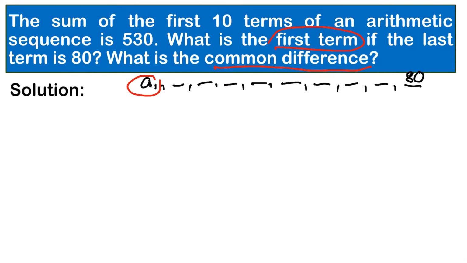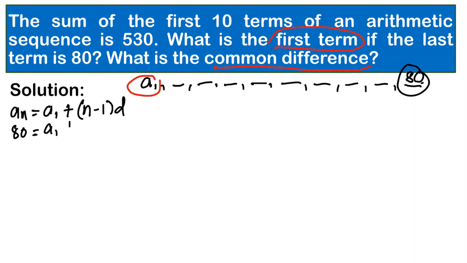If we're going to use this as our last term, or the 10th element, then we can solve for a sub 1 using the formula a sub n equals a sub 1 plus n minus 1 times d. The 10th term is given, so this will give us 80 equals a sub 1 plus, and since there are 10 terms, our n is 10, minus 1 times d.